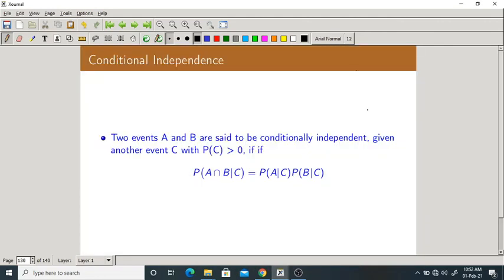Now I will start one more concept, that is conditional independence. So till now we have seen conditional probability. In the same way, conditional independence.